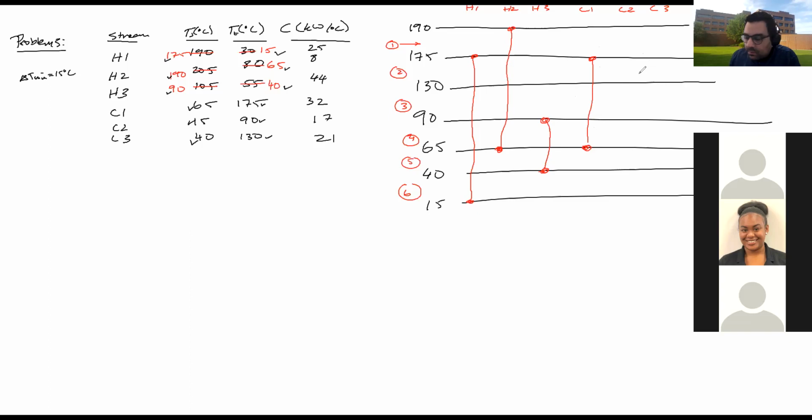C2 is from 15 to 90, right? C2 goes from 90 to 15, doesn't matter. And C3 is from 40 to 130.